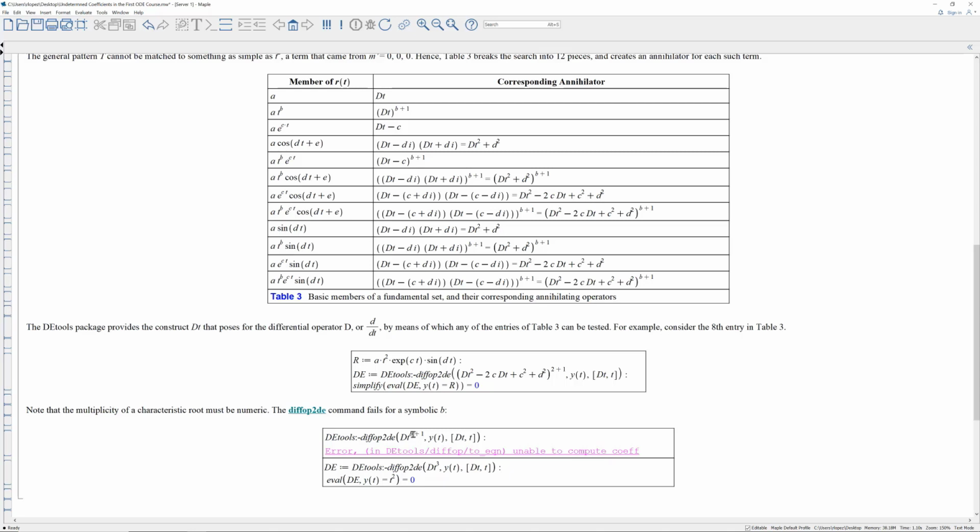If you have b plus 1 and you apply this diff op to de, you get an error message, unable to compute the coefficient. But if that's numeric, if that's 2 plus 1 is 3, then it works. So what you discover is that the code that I wrote in that tool that I produced is not really robust.